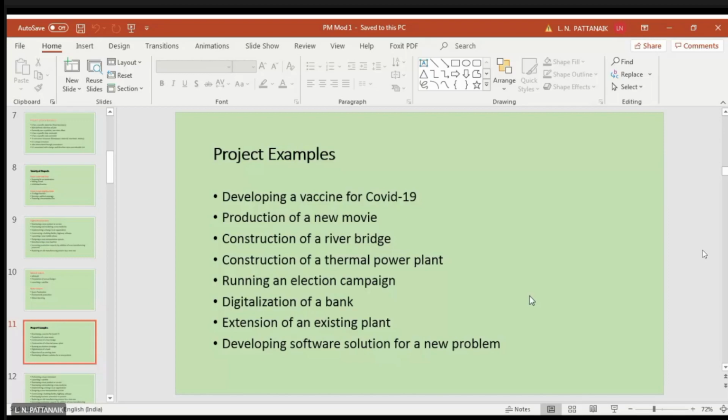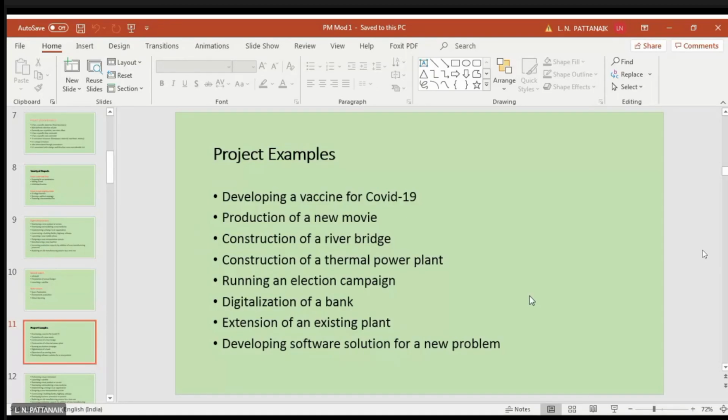running an election campaign, digitalization of a bank. This is a project. Suppose a bank is existing, but it is working in the conventional manner. There is no digitalization. They are just keeping some records in their systems, but it is not fully digitalized, meaning the consumer interface is not there. That is the conventional form, where you fill up the form and everything.